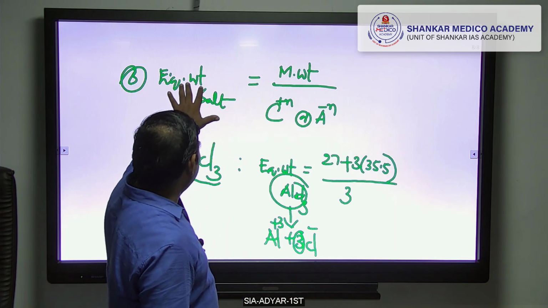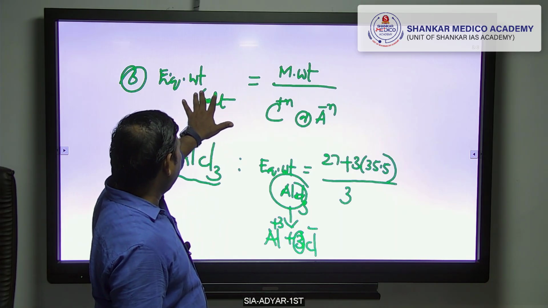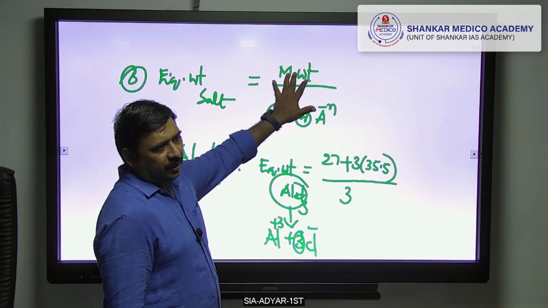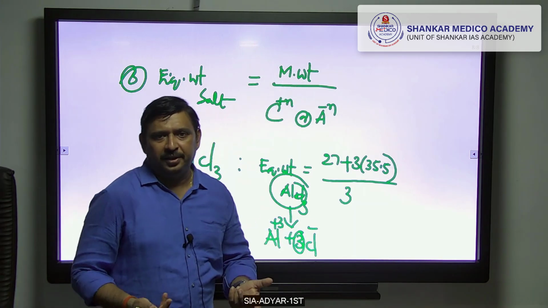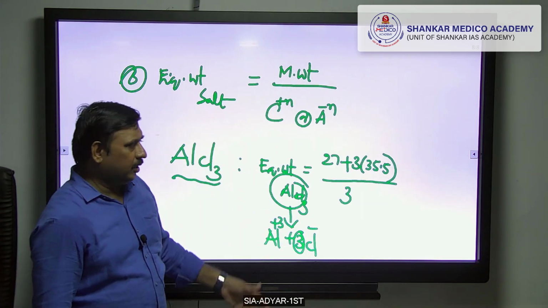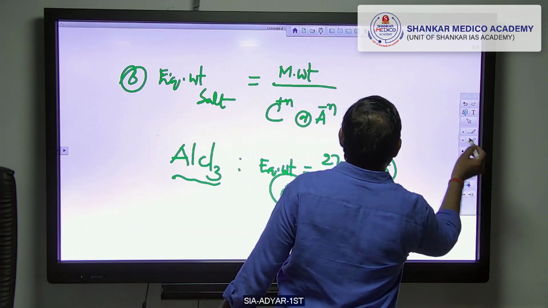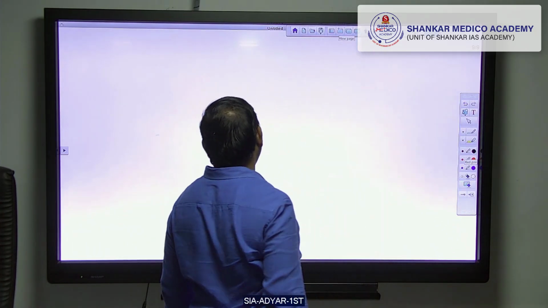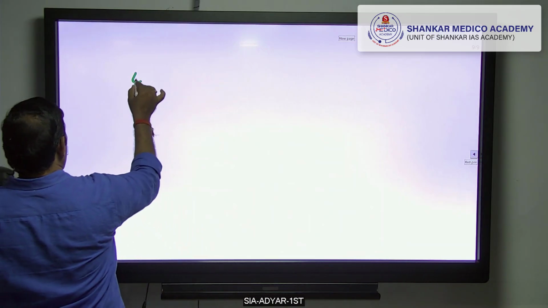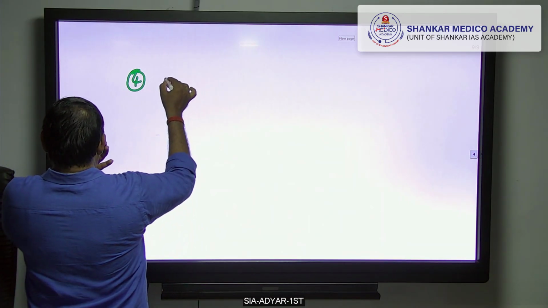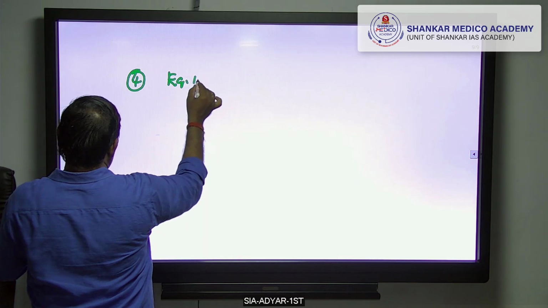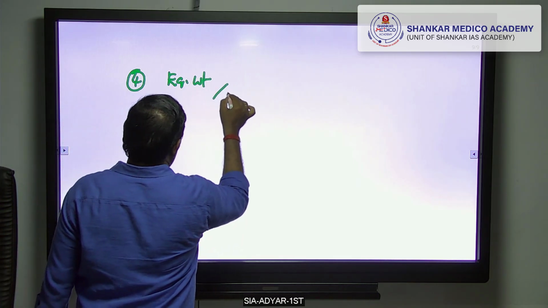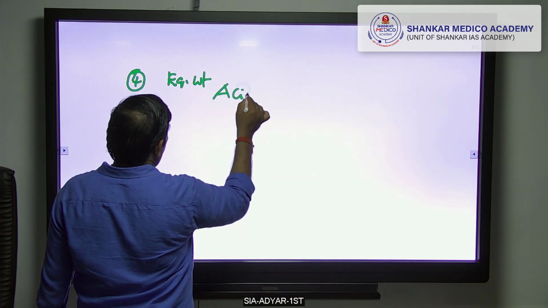So once again, how to calculate the equivalent weight of a salt: it is equal to molecular weight upon total charge on cation or total charge on anion. And next is equivalent weight with respect to acid or base.